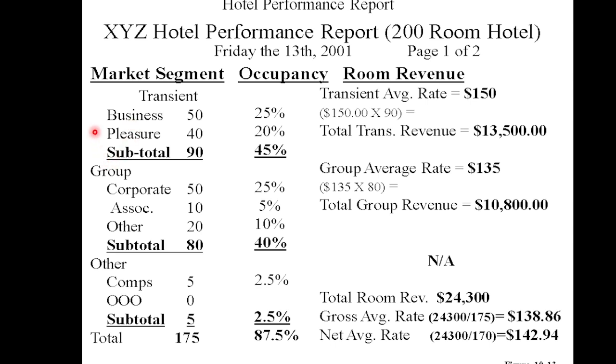So as you can see, for business, you have 50 rooms occupied by businesses. So that is 25% of the total number of hotel rooms. How are you going to get the calculation? Simple. All you need to do is take the 50 occupied rooms for business alone, divide it by 200, times 100.